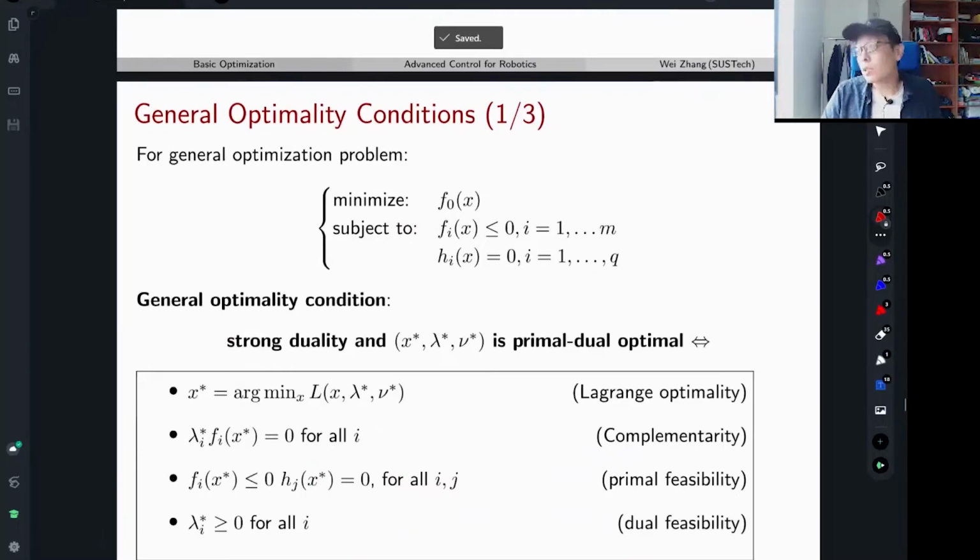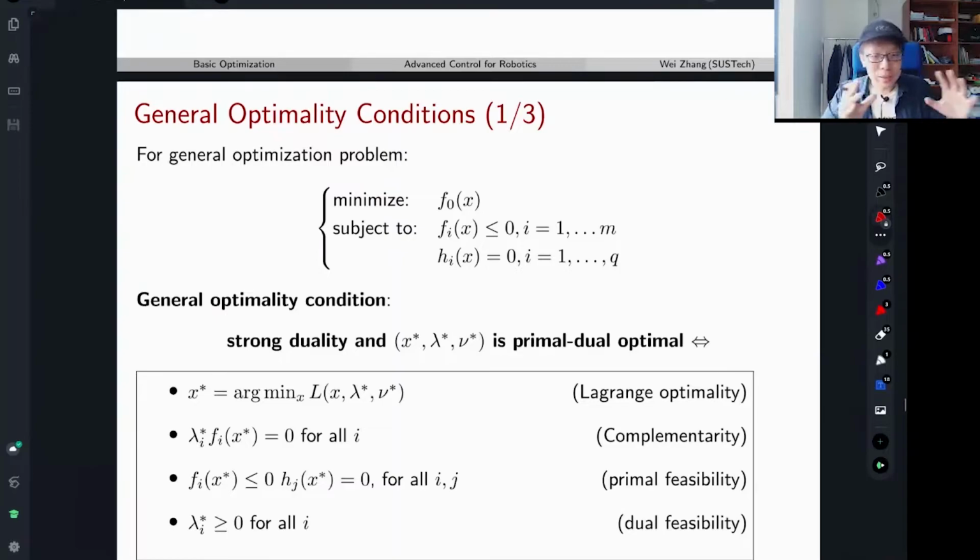The main reason for introducing this Lagrangian is really to generalize the unconstrained optimality conditions to constrained problems, to state the optimality condition. If you took a class in optimization or read books, they will have many different variations of these optimality conditions.